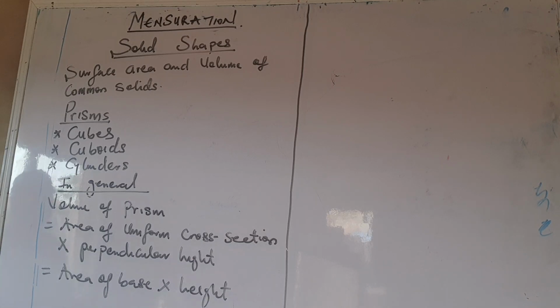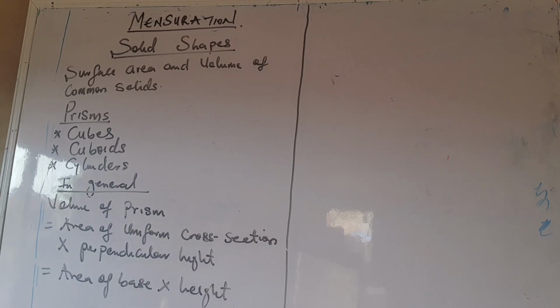In general, the volume of a prism is equal to the area of the uniform cross section multiplied by the perpendicular height. Do not forget, that is the area of the base times the height.